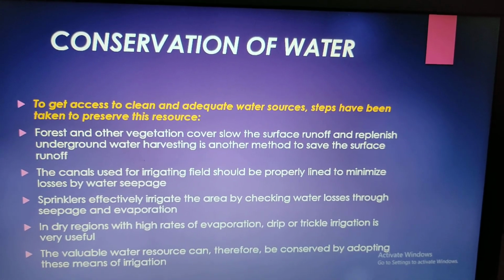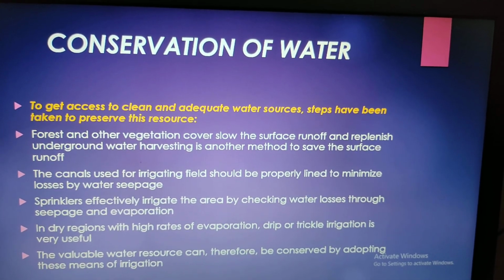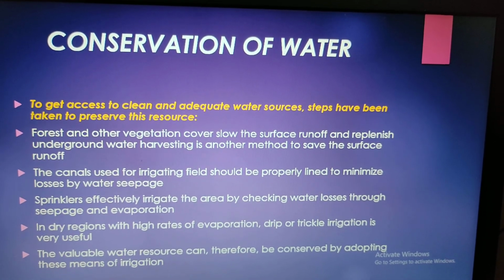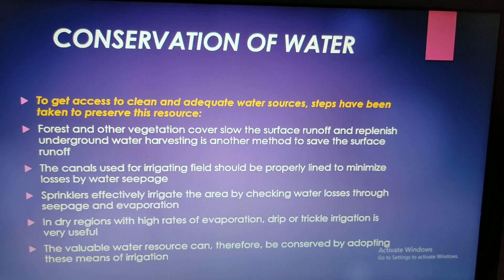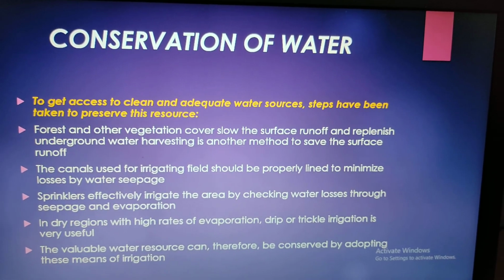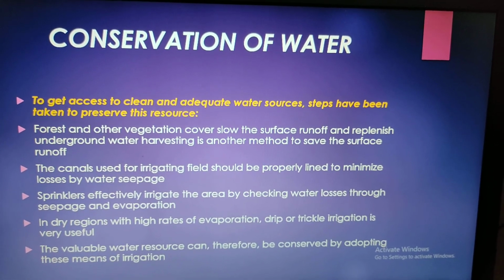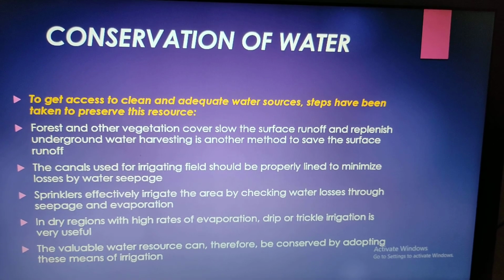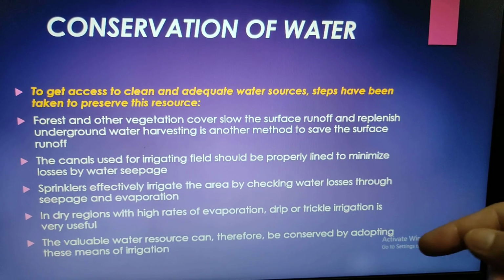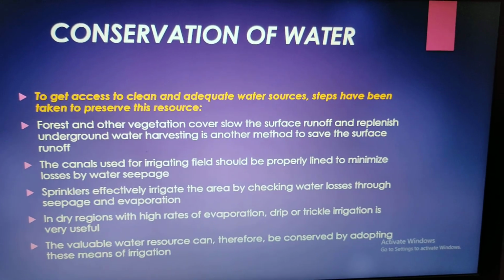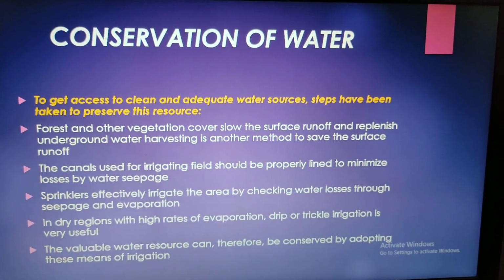In dry regions with high rates of evaporation, drip or trickle irrigation is very useful. The valuable water resource can therefore be conserved by adopting these means of irrigation. These are certain methods through which water can be conserved, right?